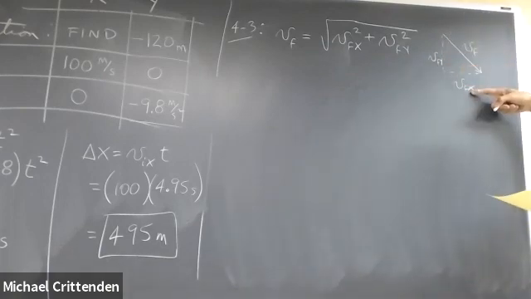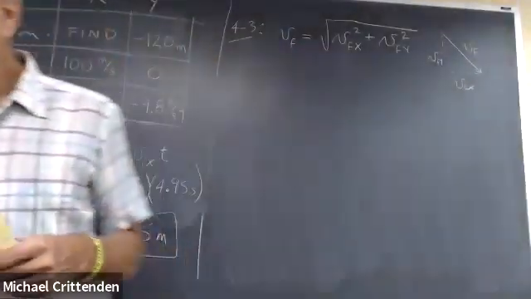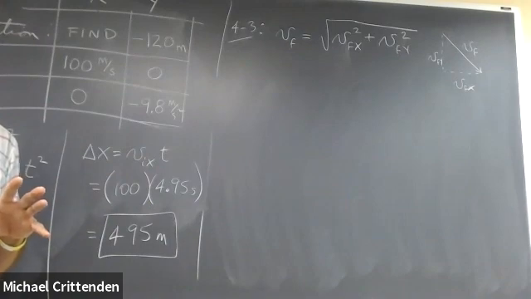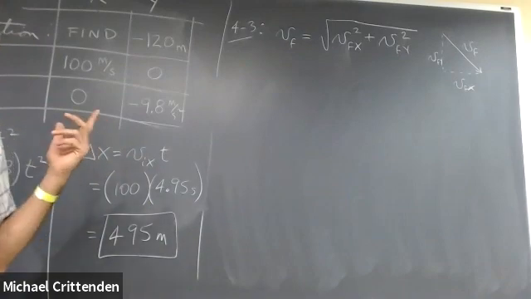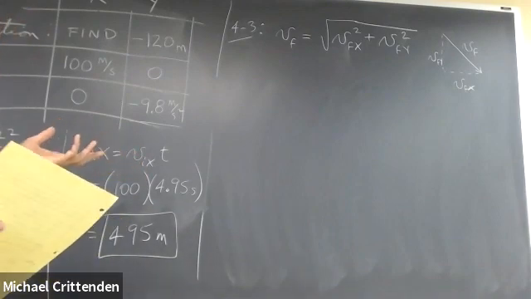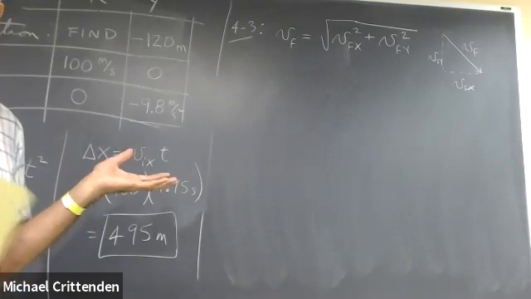So there's the y component, there's the x component. They make a right triangle with the final velocity on the hypotenuse. So we need to figure out each component of the final velocity and then stick them in that, except we don't need to figure out the final x component because we already know it, because the x component never changes.